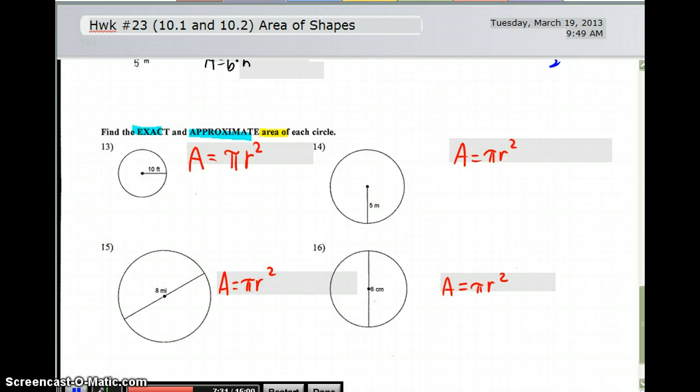Okay. Then I want to plug in the correct radius. Here for number 13, my exact answer would be area equals pi times 10 feet squared. Okay, 10 feet squared is the same as 100 pi feet squared.